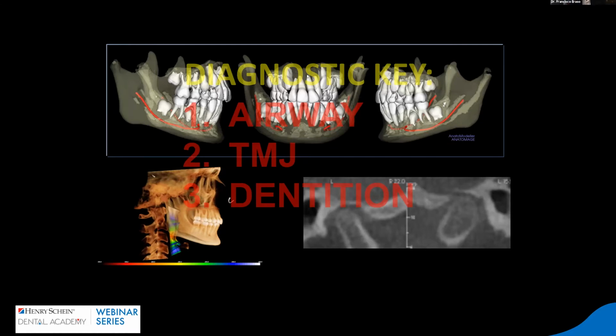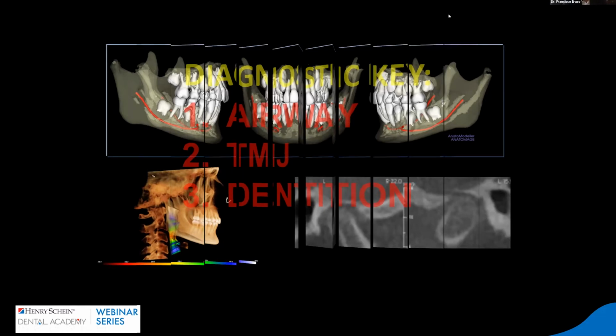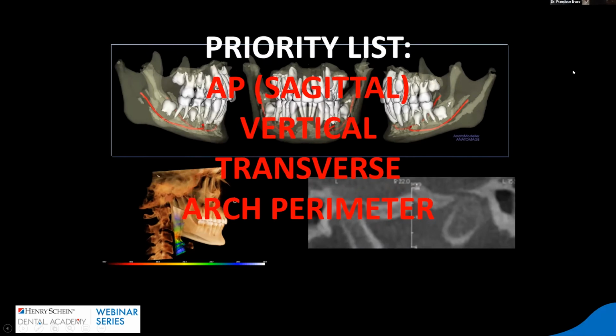So three-dimensional information gives you the ability to create options. Once we have the diagnostic key, I create a priority list, and I do that all the time. The thing is, I do it with more confidence today than when I was a resident in 2005. The priority list is based on the diagnostic data that I have. Should I do sagittal first? Should I take vertical dimension into account?